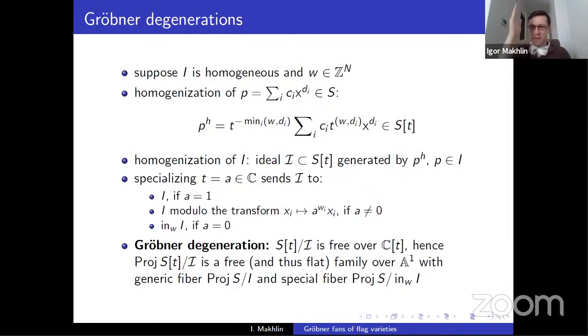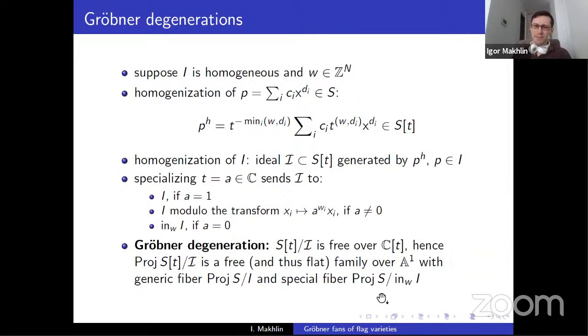The fibers outside of 0 will be the Proj, or whatever, the algebraic variety defined by the ideal I, and the special fiber, the zero fiber, will be the algebraic variety defined by the initial ideal, or the Proj.